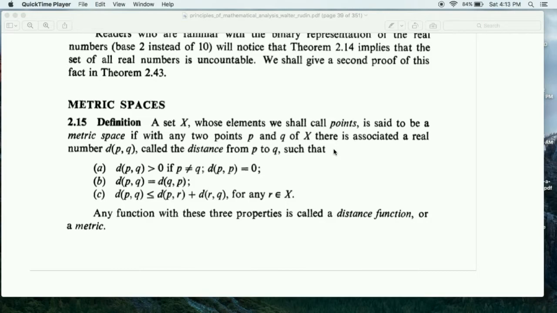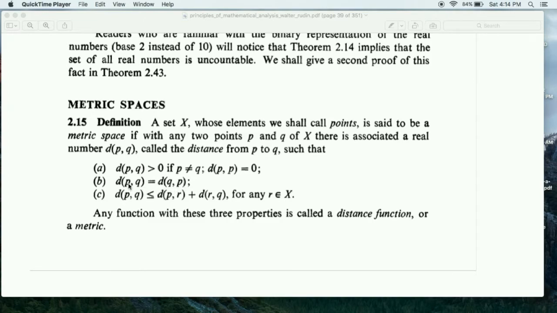So the definition is: for any set X whose elements we shall call points, this set is said to be a metric space if with any two points P and Q in X there exists a real number D of P and Q, called the distance from P to Q, such that D of PQ is always greater than 0 if P is not equal to Q, and equal to 0 if P equals Q. And D of PQ is equal to D of QP.